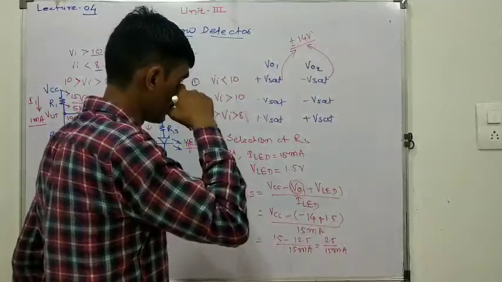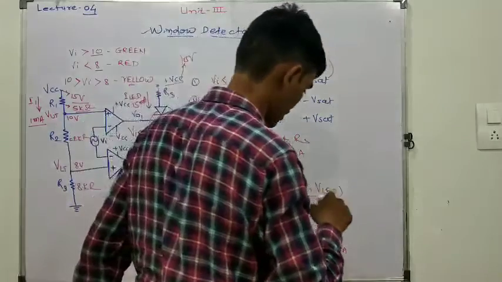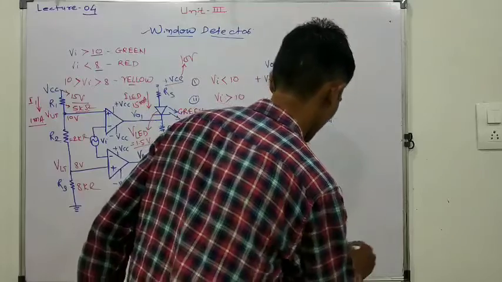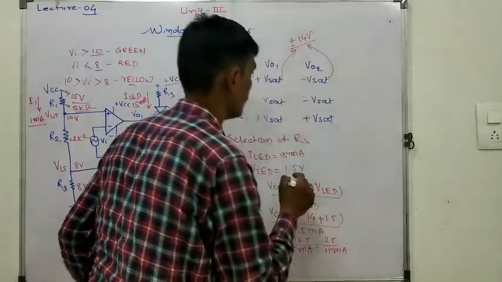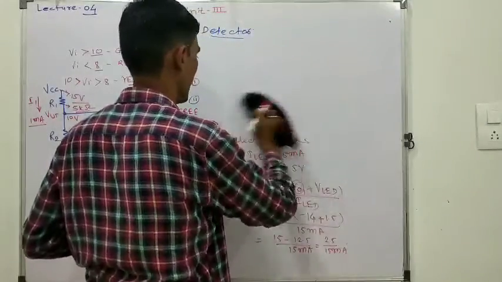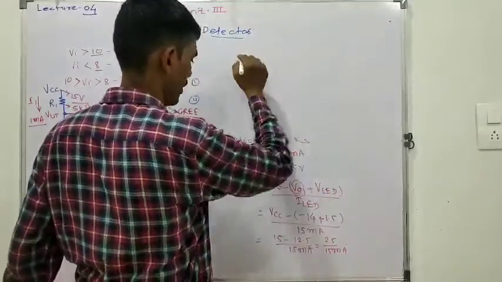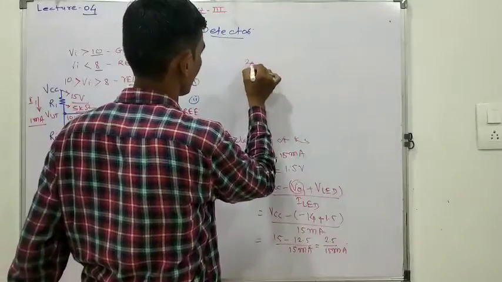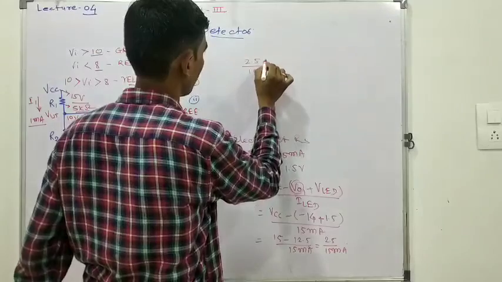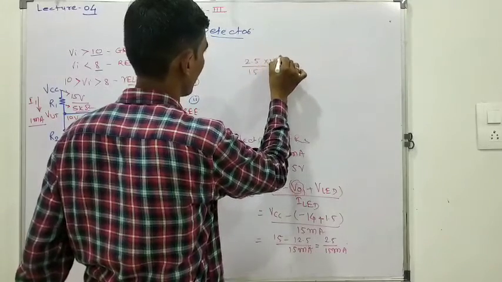If we calculate this value, that is 2.5 divided by 15 into 10 raised to power 3 again.